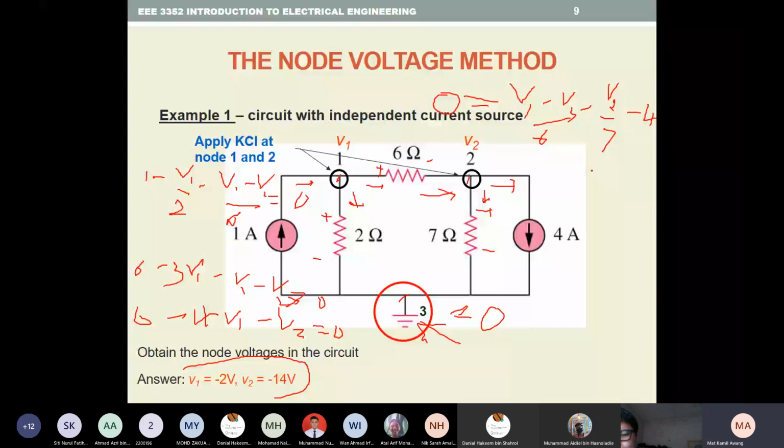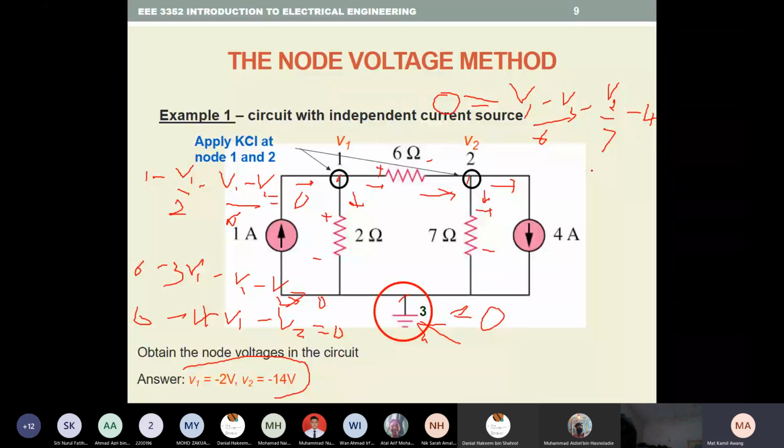The first, 4 V1 plus V2 equal to 6. So V2 is equal to 6 minus 4 V1. So you substitute that into the second equation.